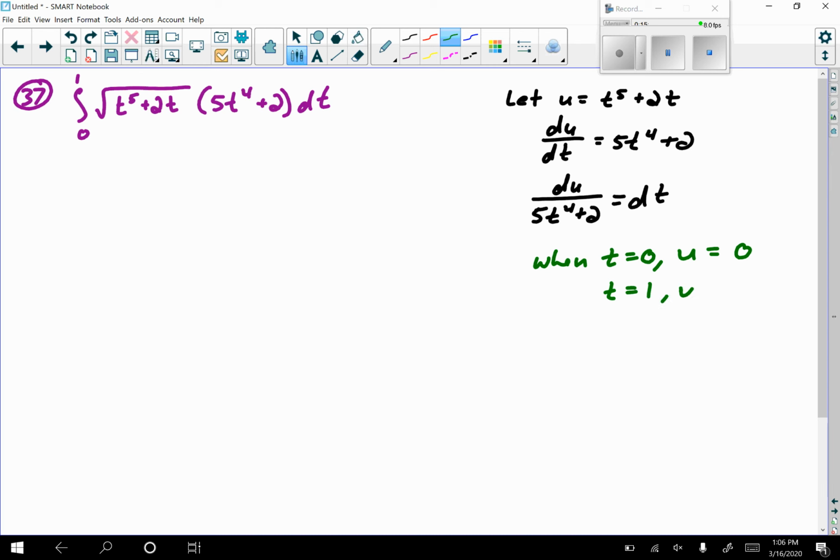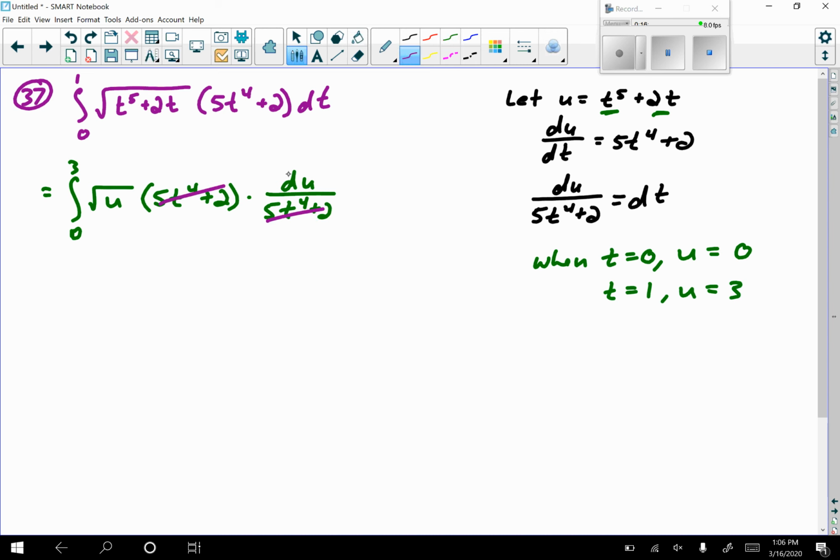But when t is 1, u is going to equal 1 plus 2, giving us 3. So now this becomes the integral from u equals 0 to 3 of the square root of u times (5t to the fourth plus 2) times du over (5t to the fourth plus 2).